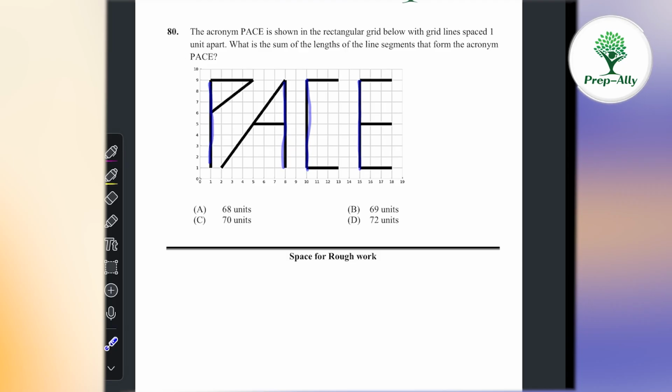So all of them have equal lengths, and that is 9 minus 1, 8, right? So 4 times 8, and all these lengths are same. This one here is 3 units, this one is 3 units, 3 units, 3 units, 3 units, 3 units. So 6 times 3, and this length here is 4 units, so 4.